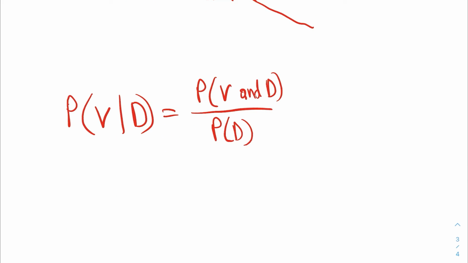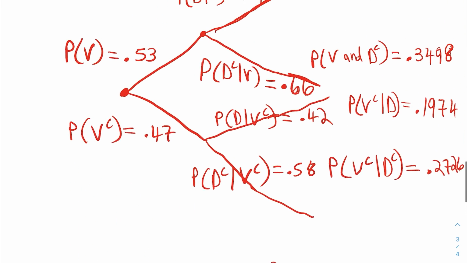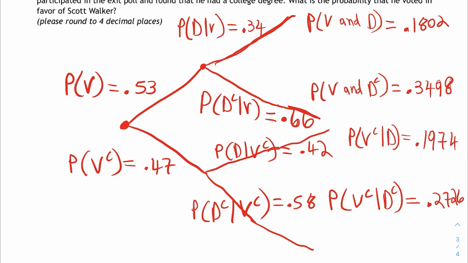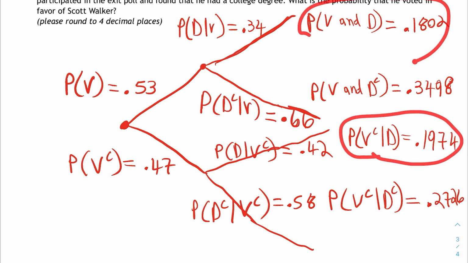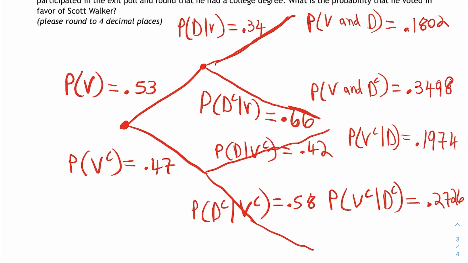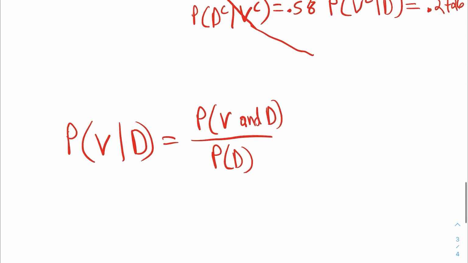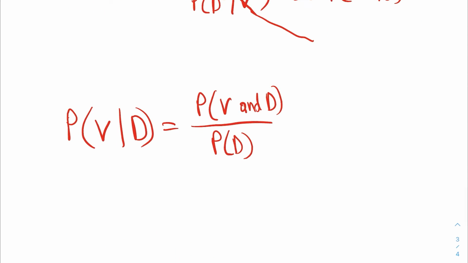What we need is the probability of D. We can get it by looking at the people who had degrees and voted for Scott Walker and the people who had degrees and didn't vote for Scott Walker, because those two things add up to the total probability that somebody had a degree.